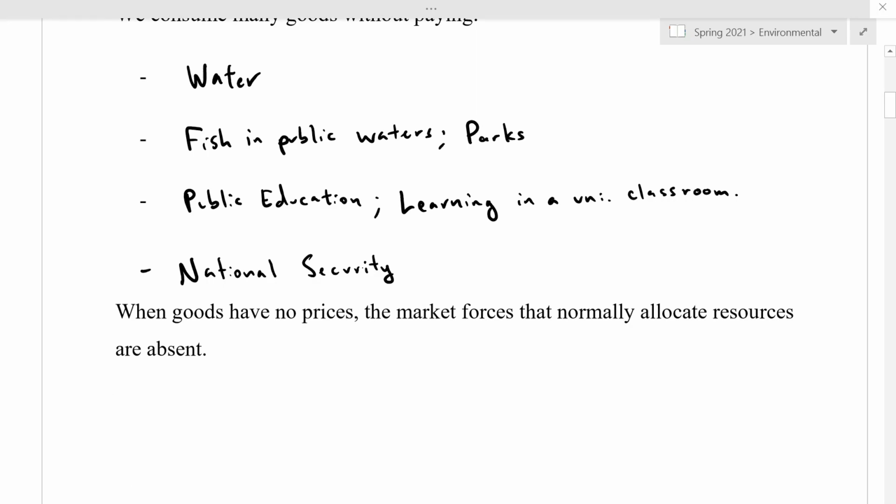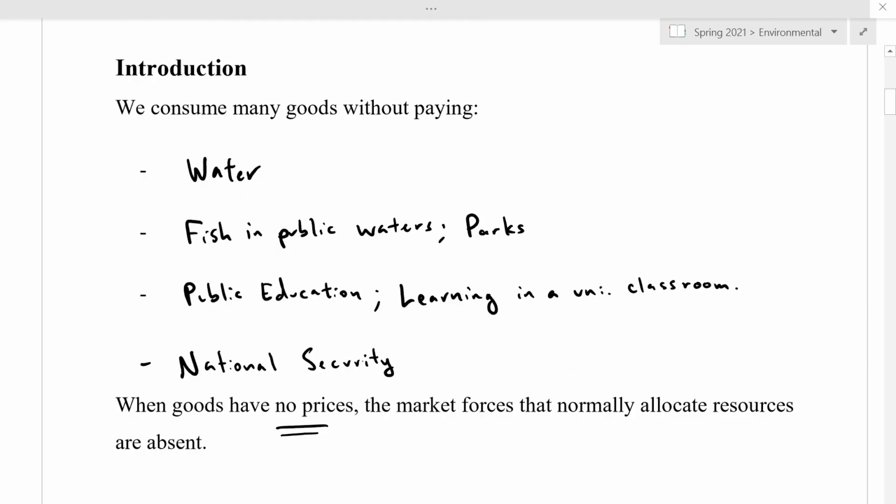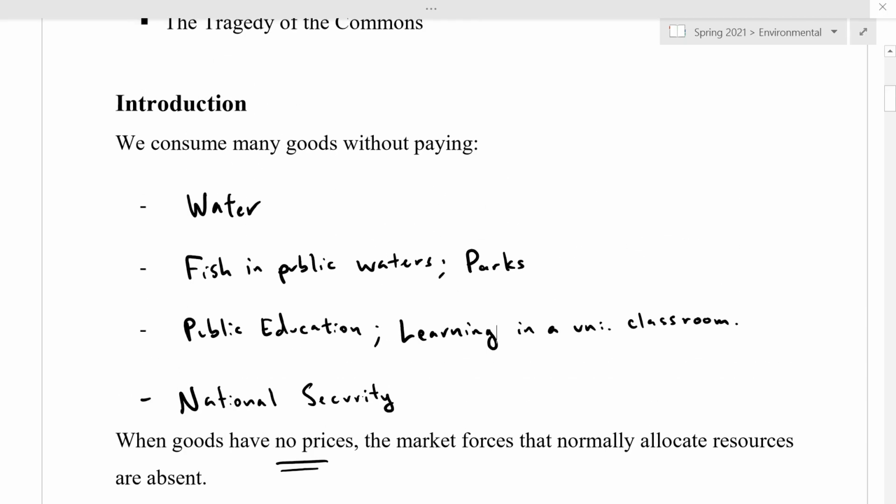And unlike private goods, there are typically no prices for these. If everything was left to a completely free market, then these things would have no prices. We do end up seeing some park entrance fees, for example, but that's because it's a public good, and we need means and procedures and policies to help combat the problems that we run into with public goods and common resources.